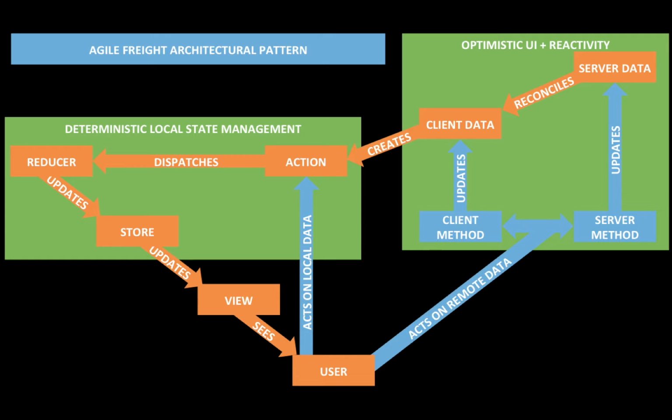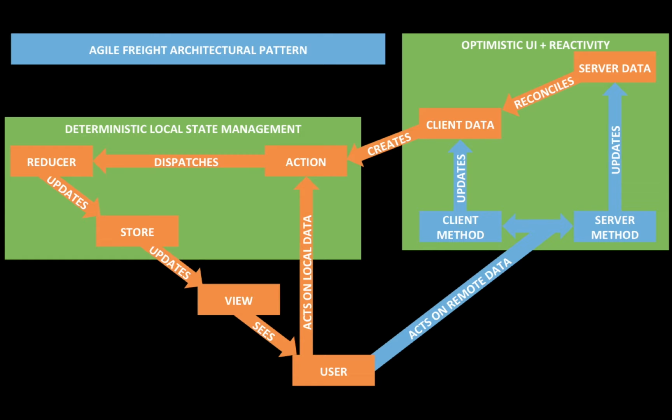It only needs to be stored in the application. So when I act on local data, as in type in a field without pressing save, it will again generate an action, which gets dispatched to the reducer, which updates the store, which then updates the view. So we go in this one-way loop constantly as interactions happen.